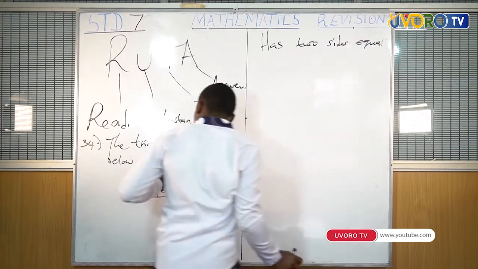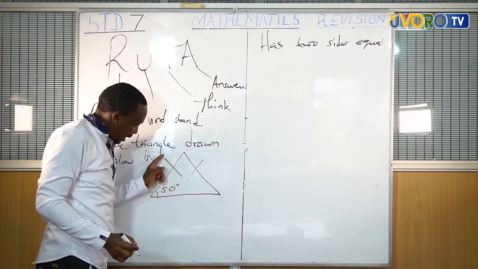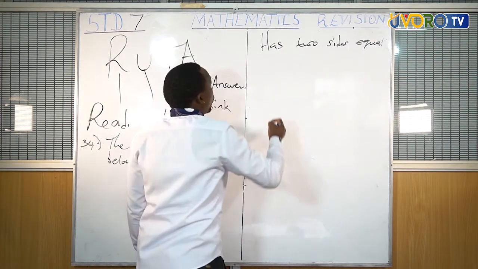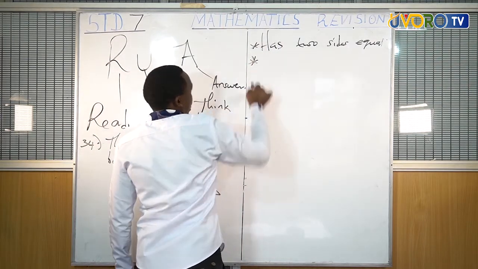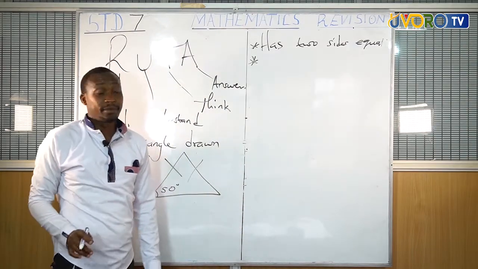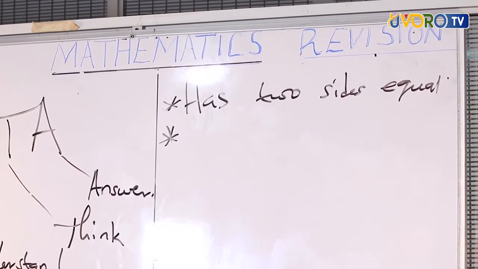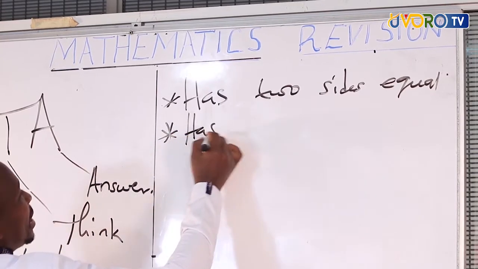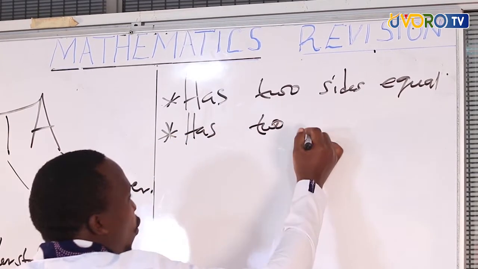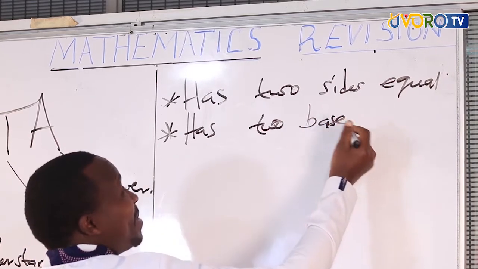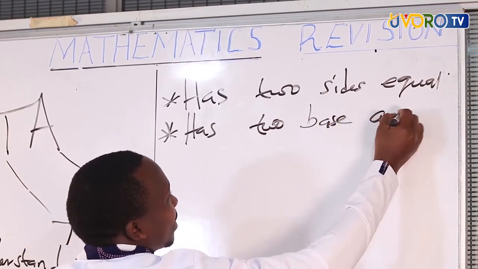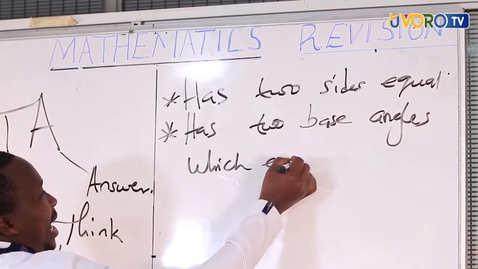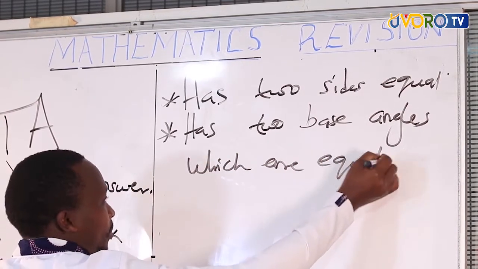That is why we have 2 sticks drawn there, this stick and the other stick. What other thing do you know about it? It has 2 angles which are equal. Very good. Let me call them base angles which are equal.